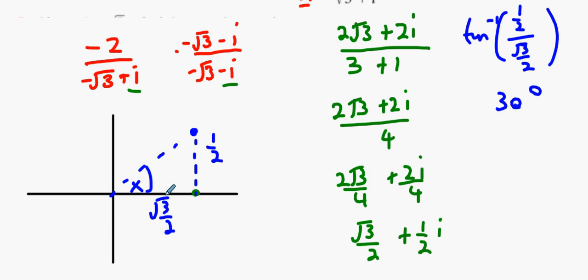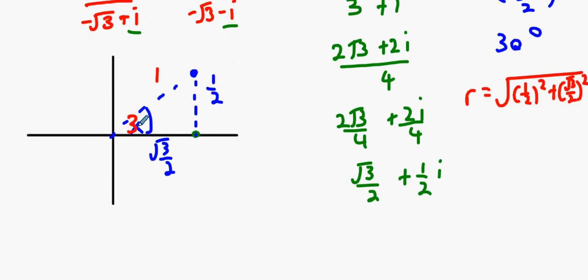Have to get the hypotenuse, don't I? So how do I get the hypotenuse? Square root of half squared plus root 3 over 2 squared. And what answer would that be? I think it's 1. Finally, you know that that's 30 degrees and you know that that's 1. So how do I put it into polar form?